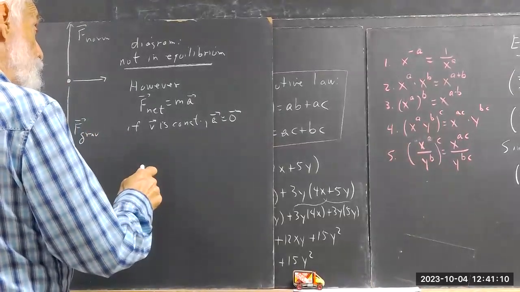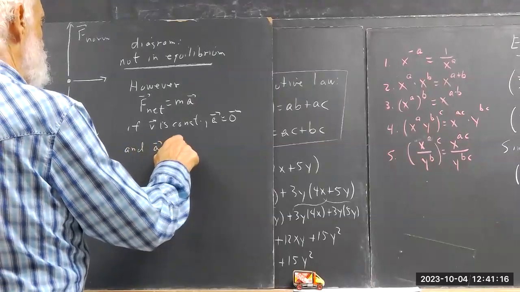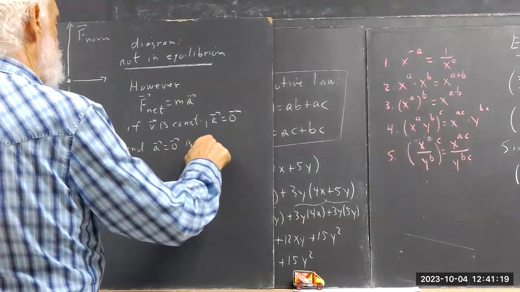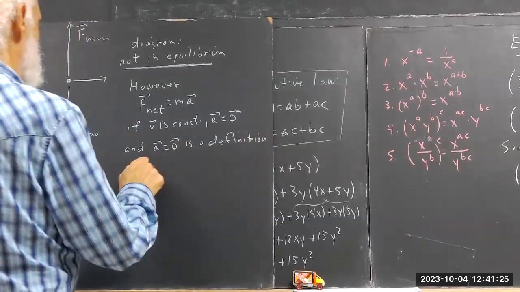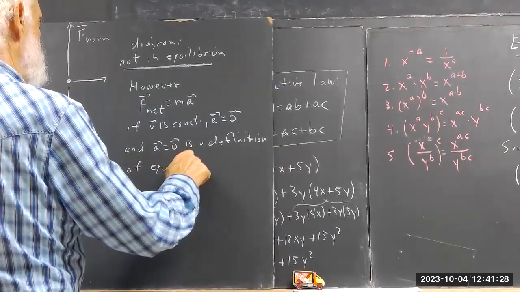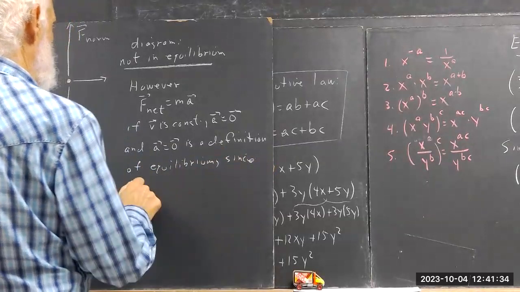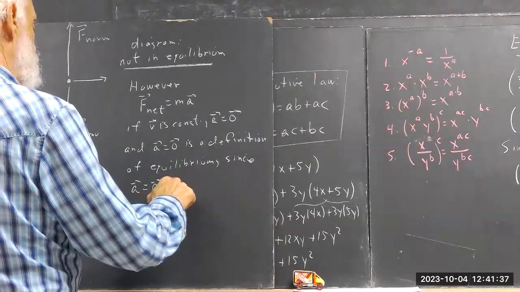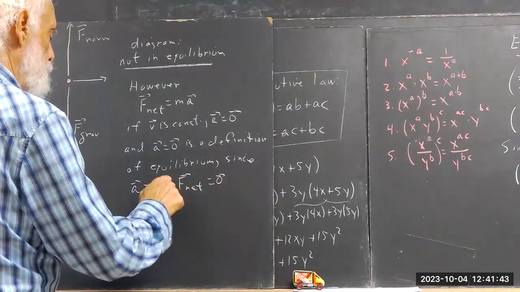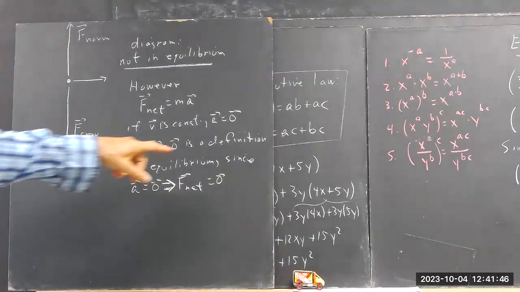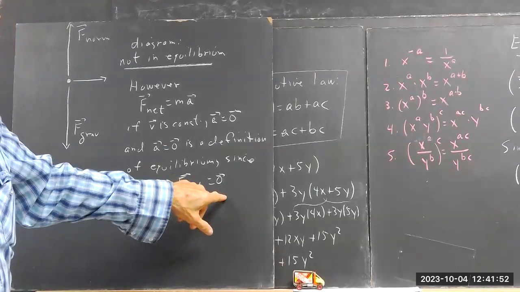So we have a contradiction. Okay. Definition of equilibrium: since a equals zero, this implies that your net force is zero.